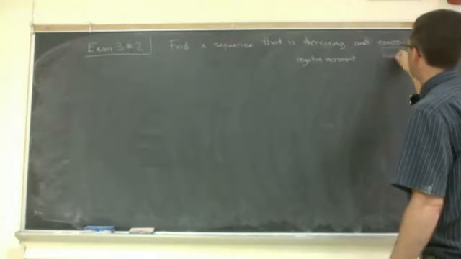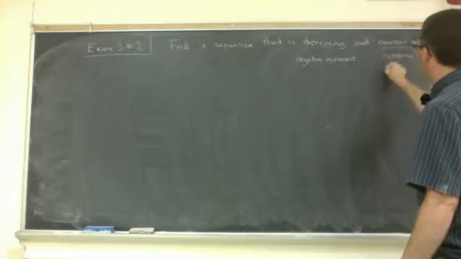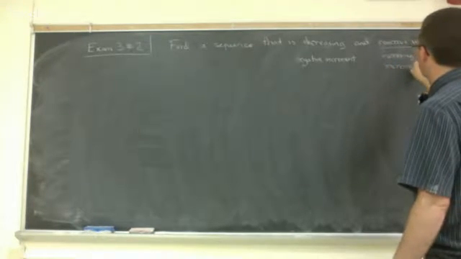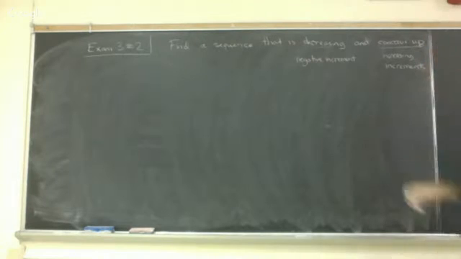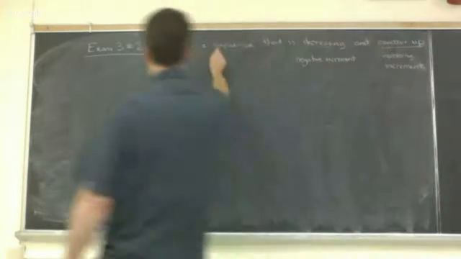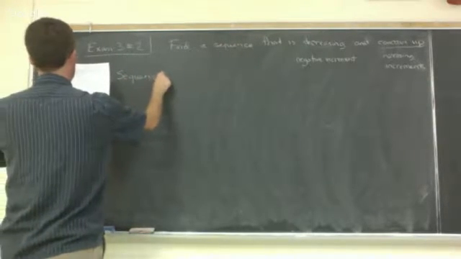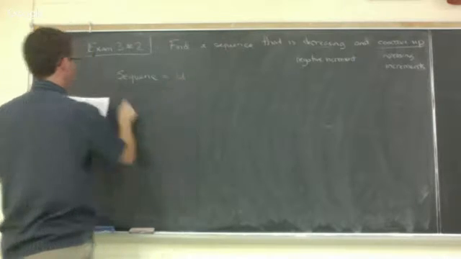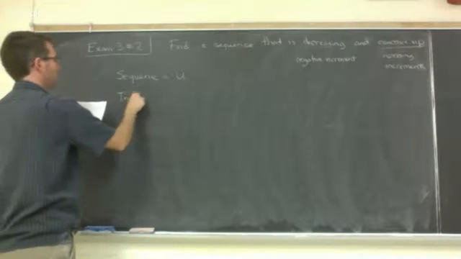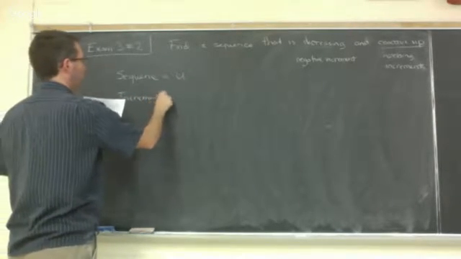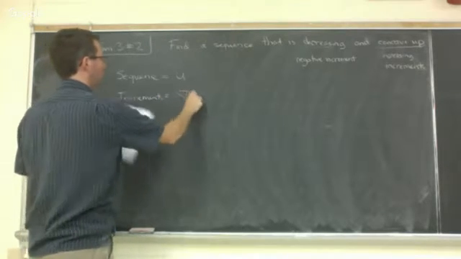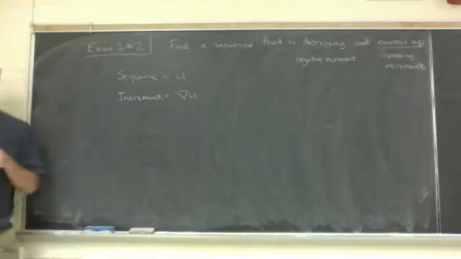I need increasing increments. Now the symbol that we use for increments, if my sequence is u, then my increments are written with the upside down delta u.